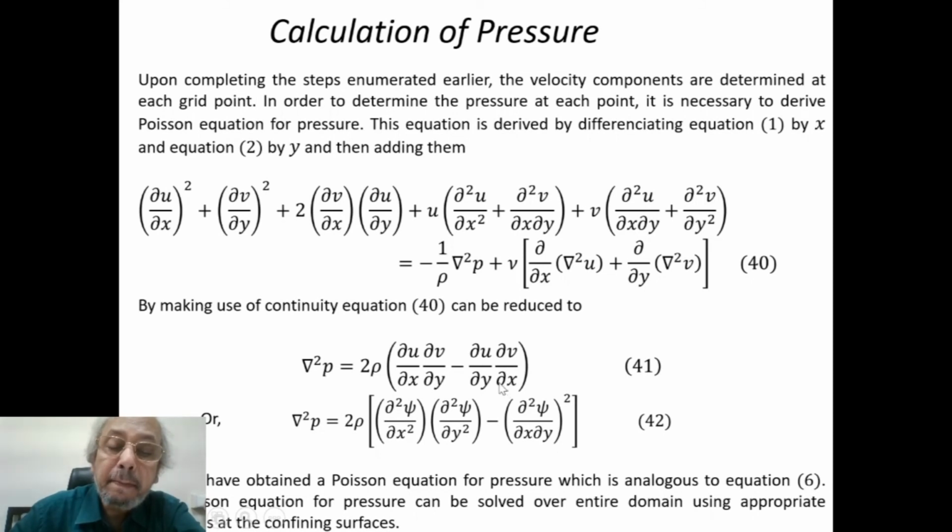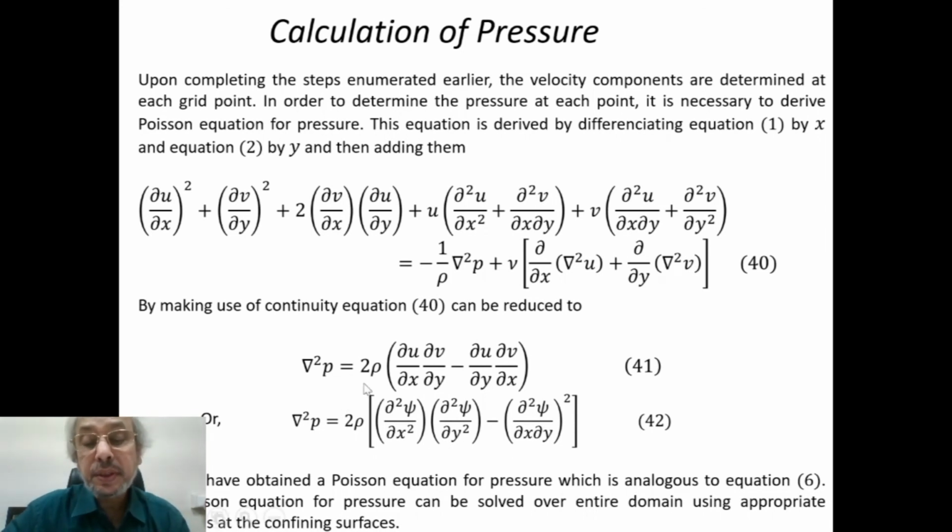And now in the domain, what is the value of u, what is the value of v with respect to psi? del psi/del y equal to u, minus del psi/del x, v equal to minus del psi/del x.